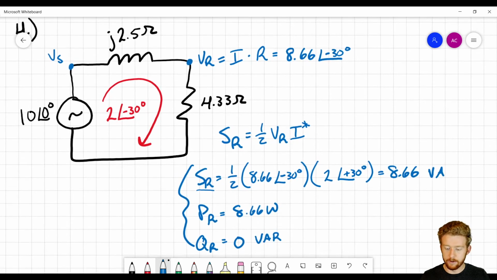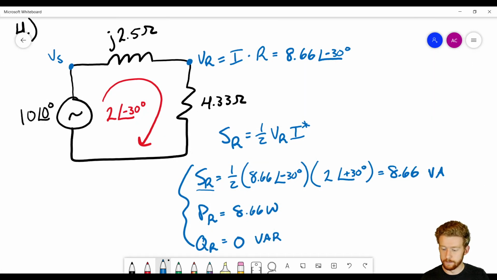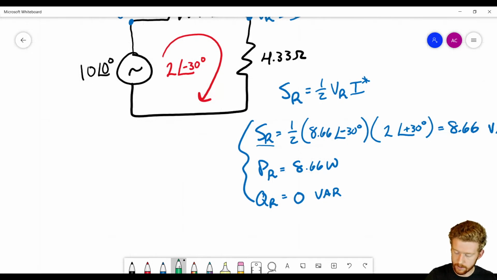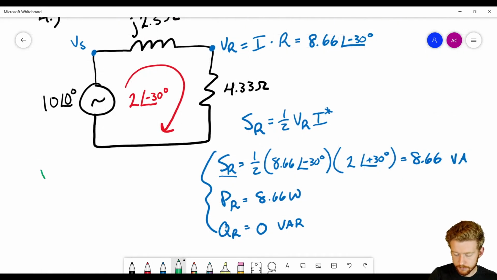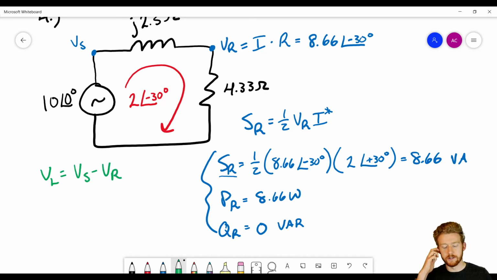Now, how can we calculate the apparent power for this inductor? Well, we can calculate the voltage across this inductor pretty easily. Okay, so the voltage across the inductor, I'll move over here and use green. Voltage across the inductor, VL, is going to be VS minus VR, because that's the potential difference across the inductor.